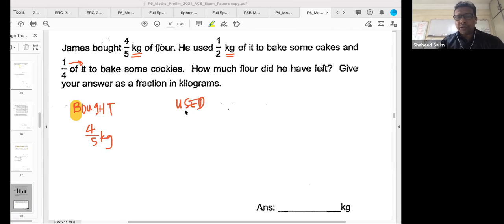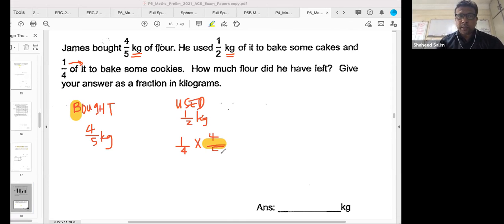Now, how to find 1/4? Half, you know, you can half kg, you can minus later. But what is 1/4 of it? Very simple, you know. 1/4 of it, 1/4 of is what? Times. It is what? 4/5. Right? Again, sorry. I'm not too sure why my pen keeps disappearing.